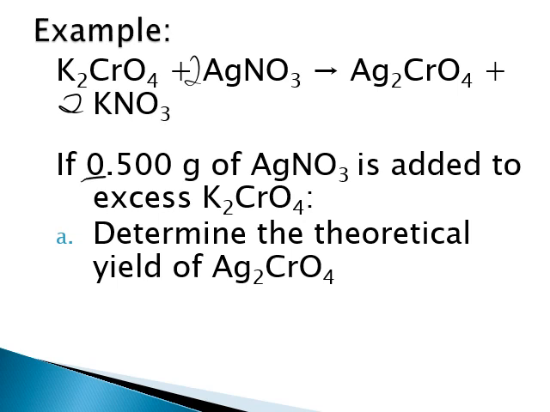Okay, and you always start with what you know. 0.500 grams of AgNO3. And since it says theoretical yield, we're going to grams of this. So grams is on top, grams goes on bottom.